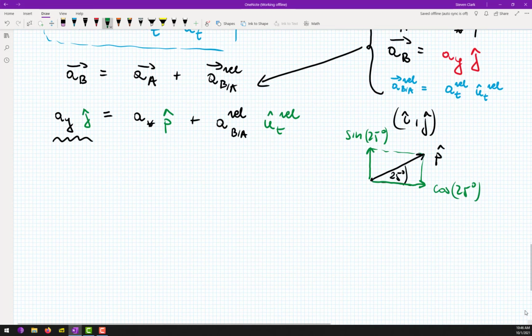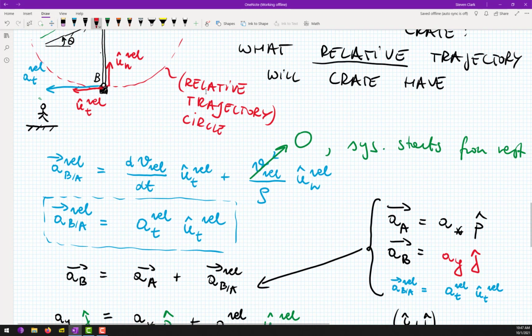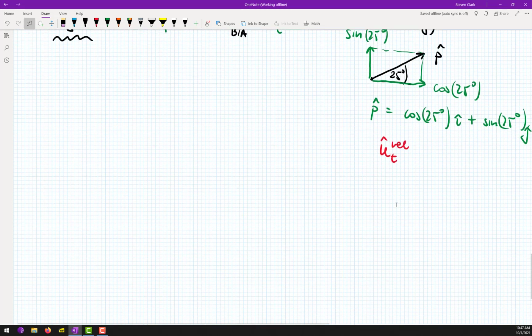So our P is cosine 25 i plus sine 25 j. And UT-rel is here, so it is negative i. It points in the opposite direction than i. This is minus i.